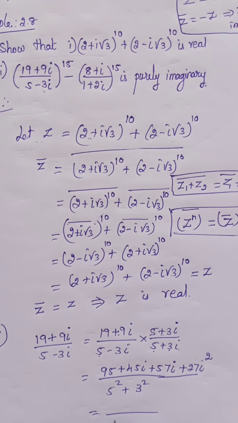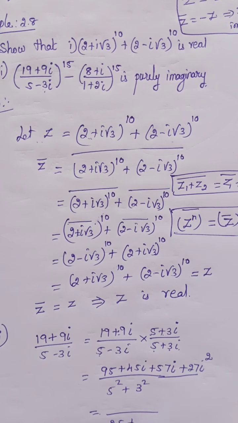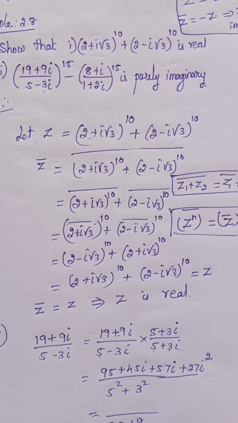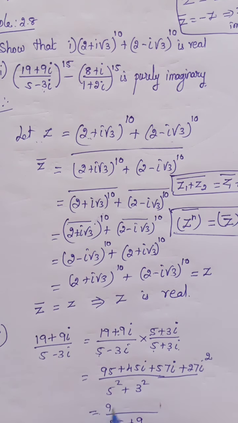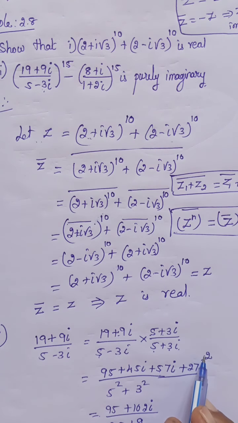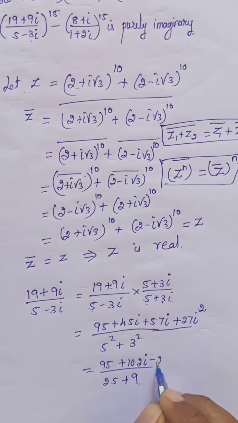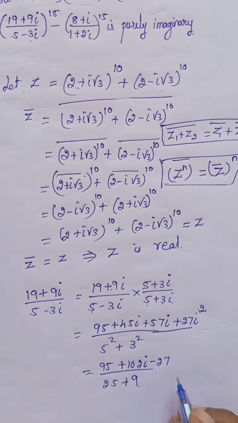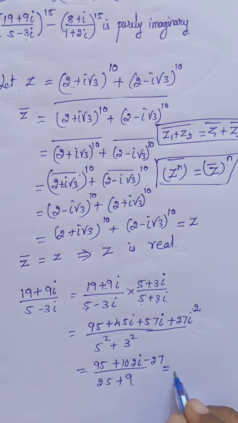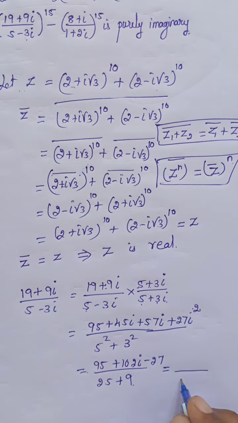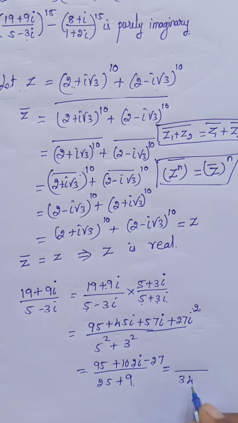The denominator is 5 square, 25, plus 3 square, 9. In the numerator, 95 plus 45i plus 57i is plus 102i. We know the value of i square is minus 1, so we get minus 27. The denominator is 25 plus 9, that is 34.